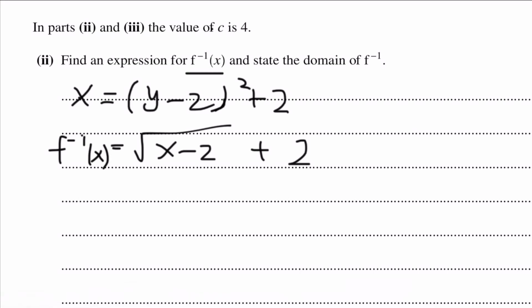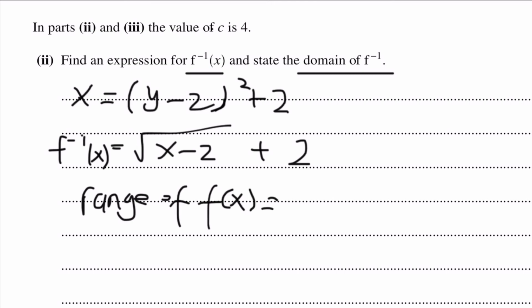Next, the domain of f inverse is basically the range of the original function, so you can find the range of the original function first. x minus 2 squared plus 2 when x is larger or equal to 4, since this is the c value now.